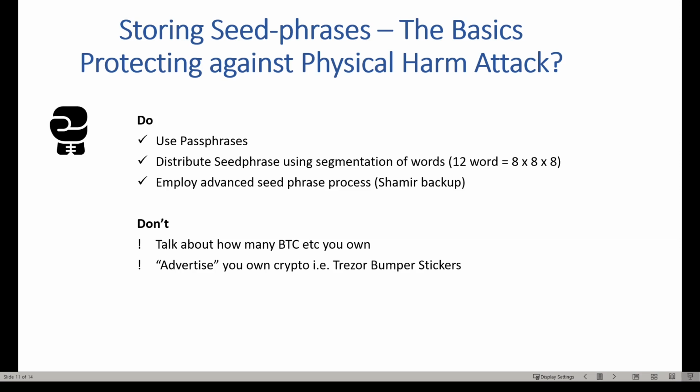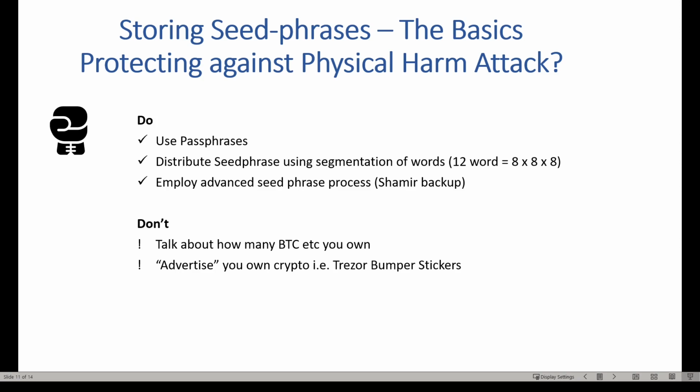So in that instance, even if someone does physically harm you and get hold of one bank of those 8 words, they then have to go and try and locate where the other 2 portions are so they can retrieve one. So you're basically distributing geographically where these words are stored, and that means the physical harm attack is rendered a lot harder, because it's not just one person or one place they need to be at, they've got to be at multiple places at the same time to retrieve it all.